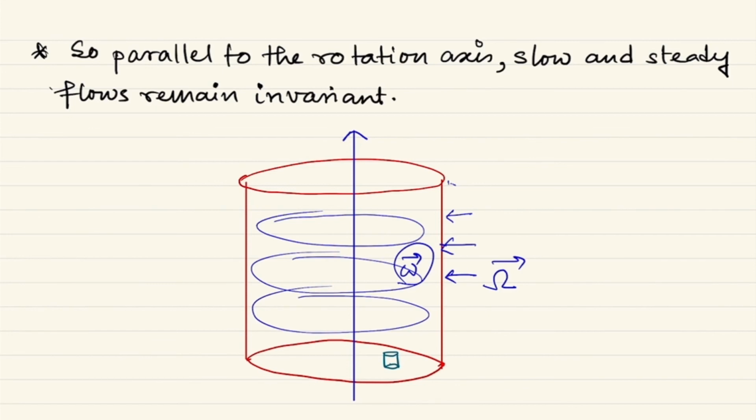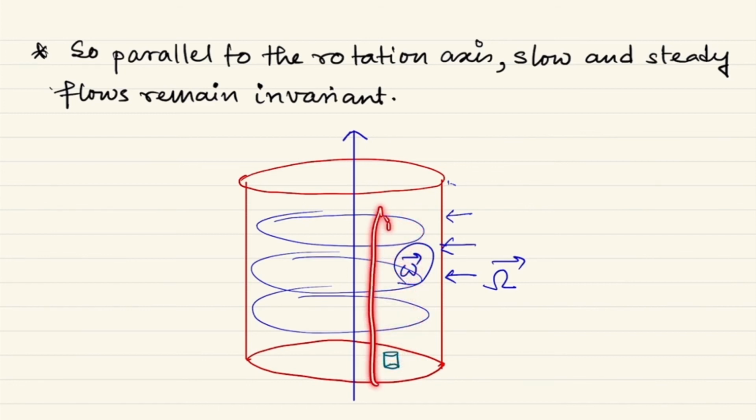Now let's say I have this obstacle over here, so the fluid will always try to skirt the obstacle. In general, it can be expected that the fluid far from this obstacle will not be considering the effect of this obstacle. But since this is parallel to the direction of the rotation, the motion is actually followed even at a higher layer in the fluid.